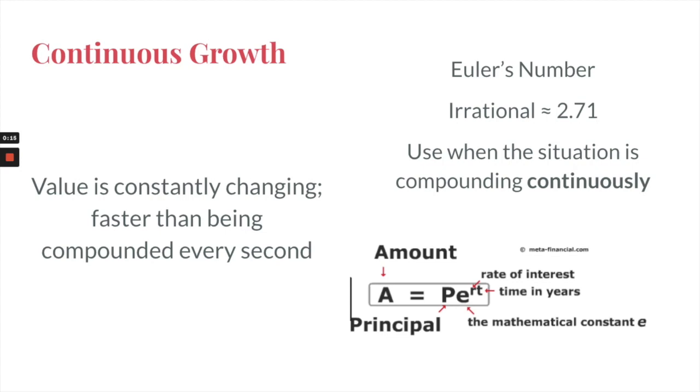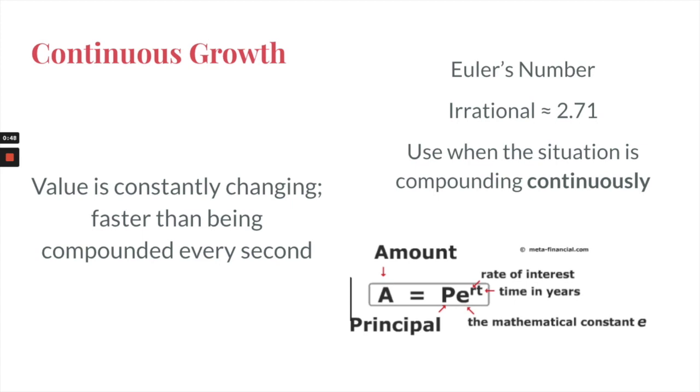So you have to be explicitly told that the situation is occurring or compounding continuously or changing continuously to use this formula, which is A equals P times e raised to the power of r times t.